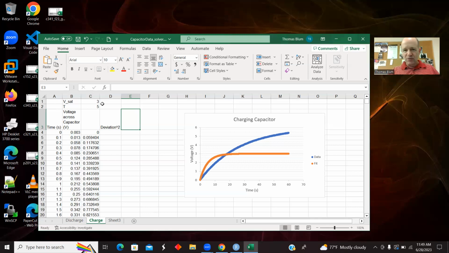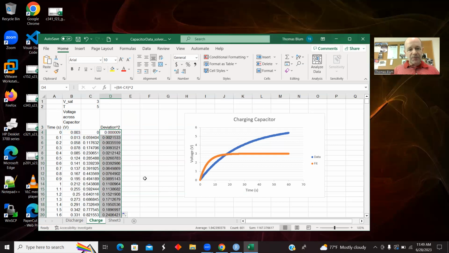It punishes you for any bigger mistakes. So for both reasons, square the deviation. It doesn't matter if it's B minus C or C minus B. I'm squaring that, and then I'm going to copy that down.